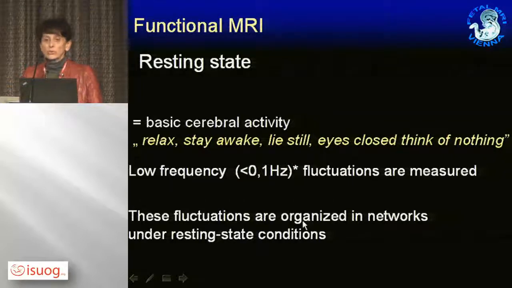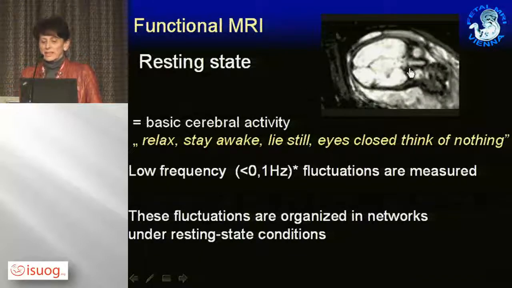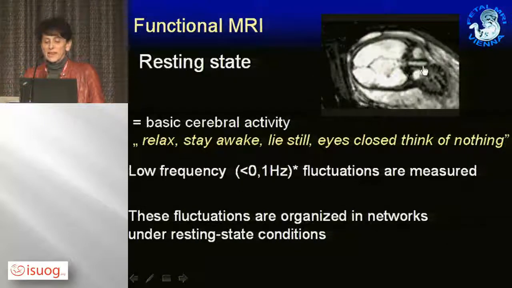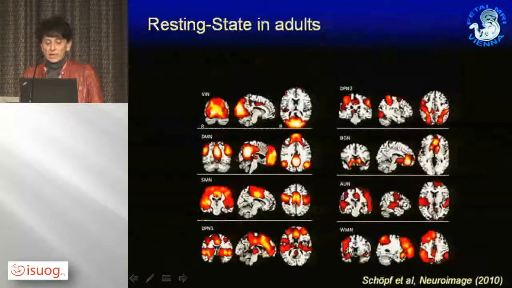And what we wanted to show at first in normals were those networks. Well, the first reviewers, in the meantime we fortunately have already 3 papers published, say, how do you know the fetus is not sleeping? We know it, because you know REM sleep, you see, and this is the sequence that supplies us also with an opportunity to assess eye movement. So we know when they have REM movements, and so we omit to take the data during the REM sleep. Okay, that is what it looks like in adults.